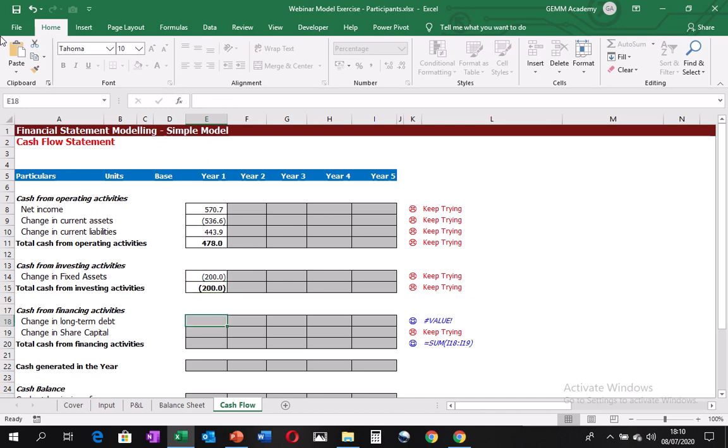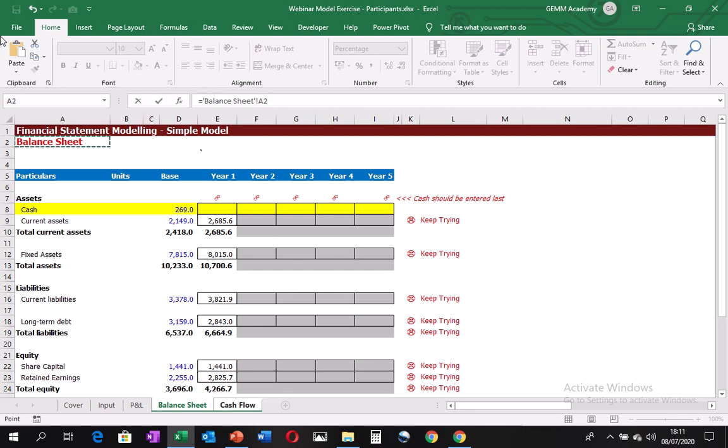We are concentrating on year one. So under financing activities, we have change in long-term debt. So equals, go to your balance sheet, check your long-term debt. So change in long-term debt. When long-term debt is increasing, it means money is coming in, but when it's decreasing, it means you're actually reducing your debt by paying.